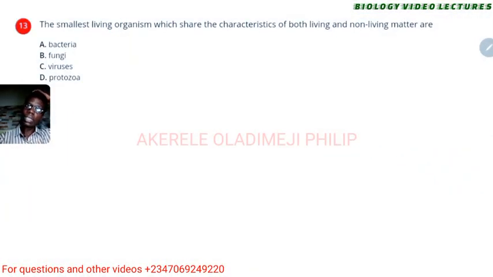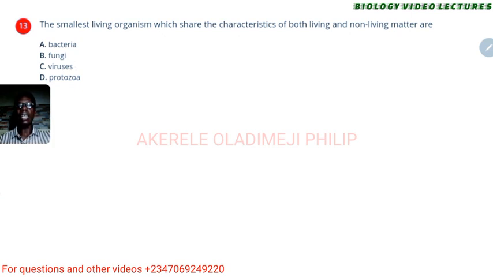The smallest living organism which shares the characteristics of both living and non-living matter is, well, bacteria are living. They've never been non-living. Fungi are too. Protozoa actually are also living. If you have seen one of those questions, I answered talking about prokaryote and eukaryote, and I also told you there that viruses do not fall in the category of living things because they exhibit both living and non-living characteristics.